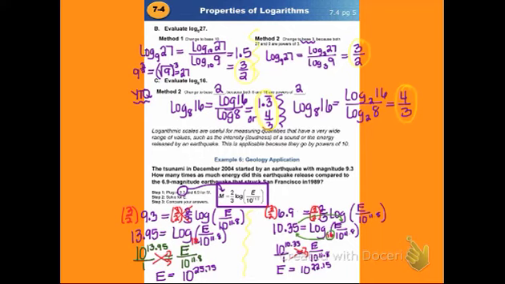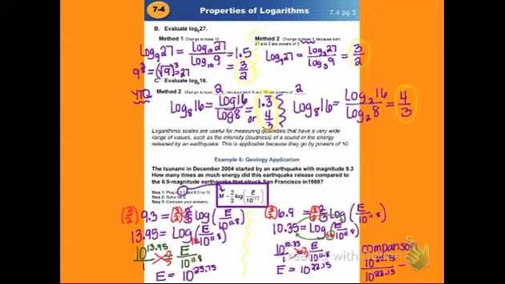Now the final step is we have to compare these two things. We have to see how many times greater the 9.3 is than the 6.9. So we're going to compare 10 to the 25.75 power to 10 to the 22.15 power.